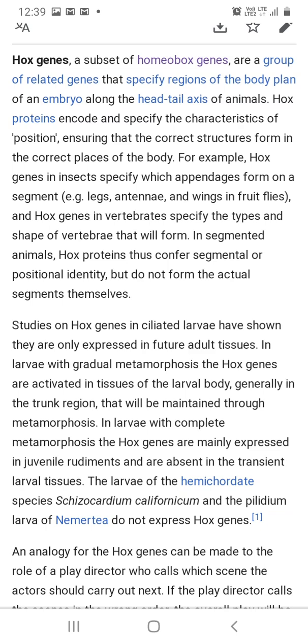The homeobox sequence encodes a region of 60 amino acids, and this protein region is called the homeodomain. That is the part of the homeobox sequence protein.